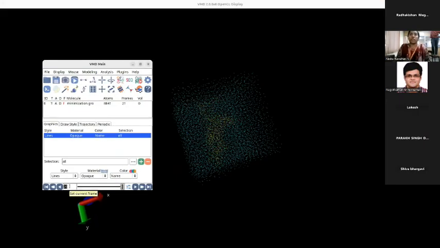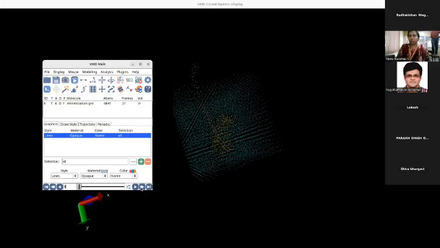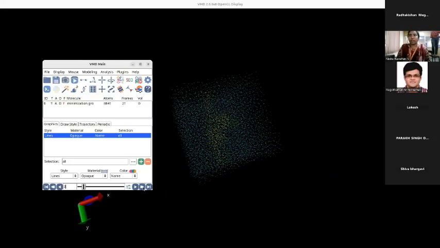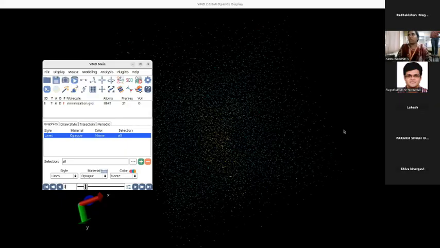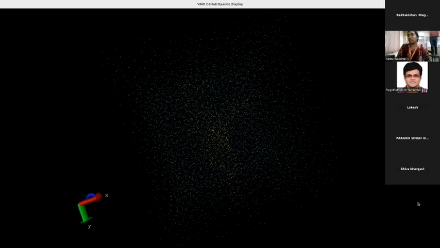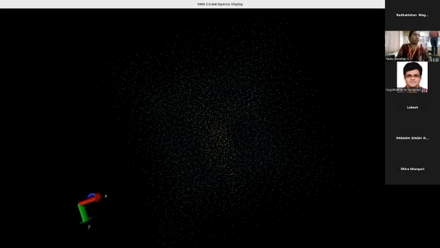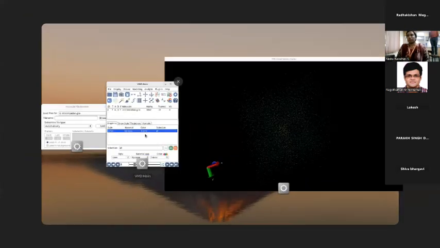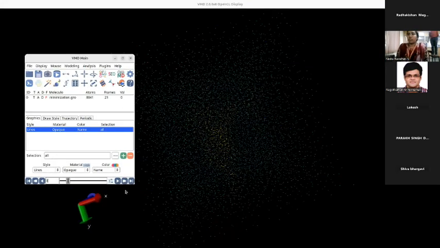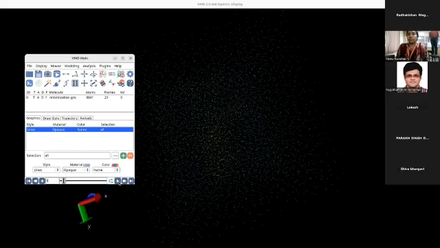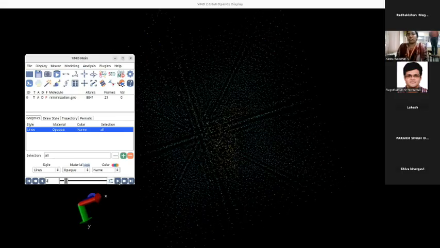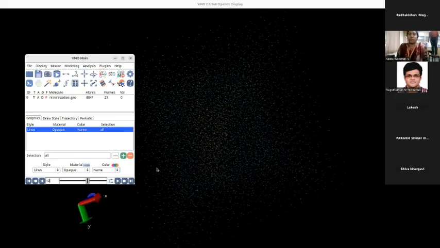We have generated 20 frames and you can move between them. As we move, you can see that there are changes. I'm not sure whether you can observe the real-time changes because there will be a lag between what we see on the screen and what is being presented.